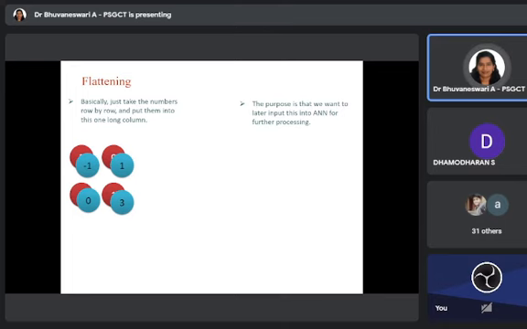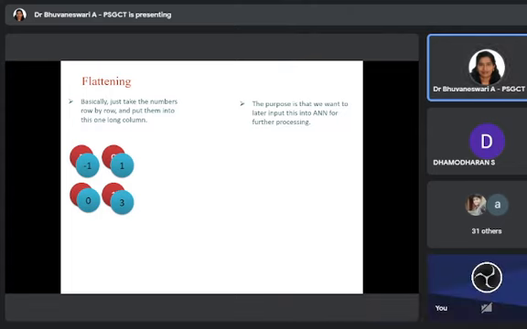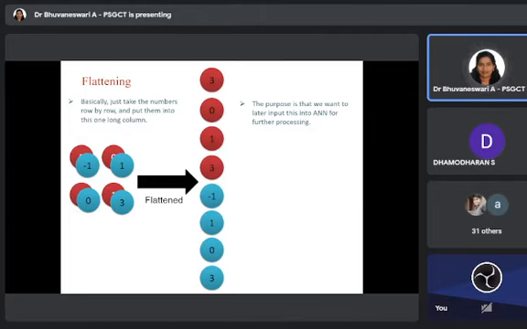The purpose is that we want this output as the input to the final stage of the ANN model. So you are converting the matrix into a vector, right? And then you apply this as the input to the fully connected feed forward network in order to obtain the result. So this is how a convolutional network works.